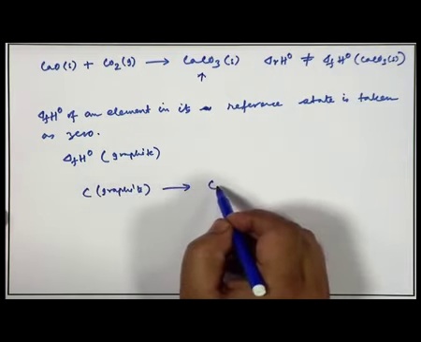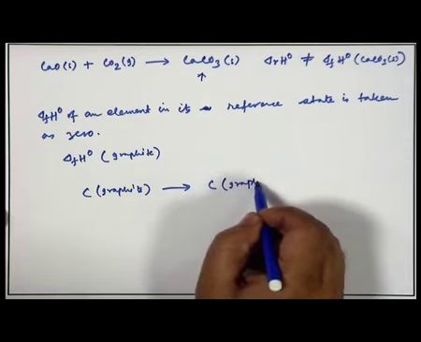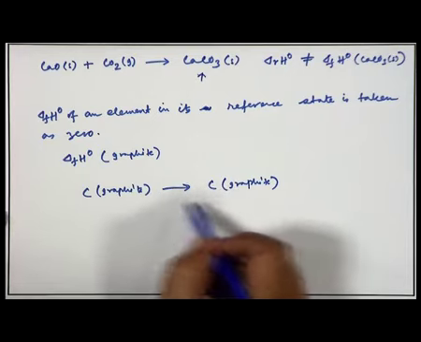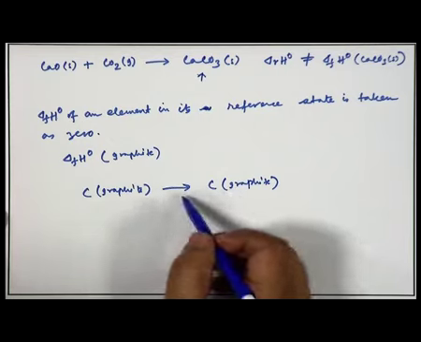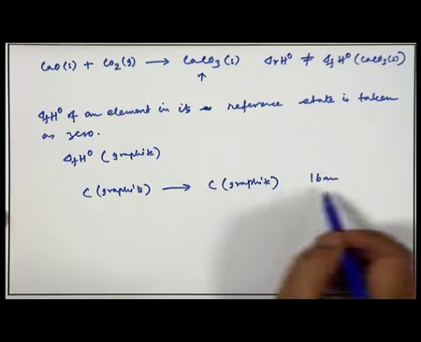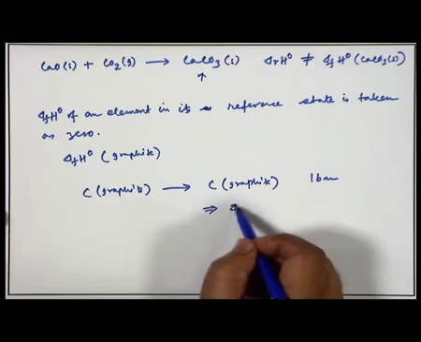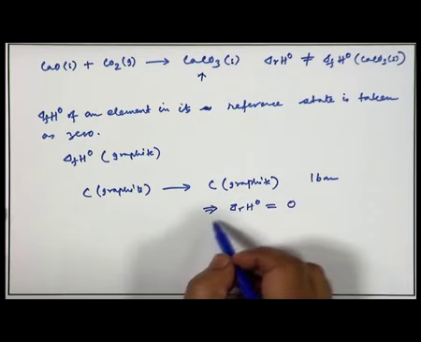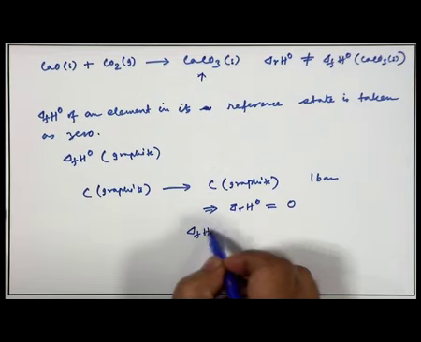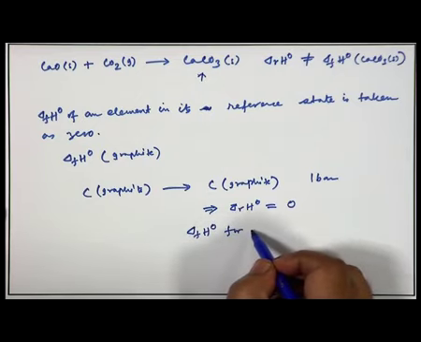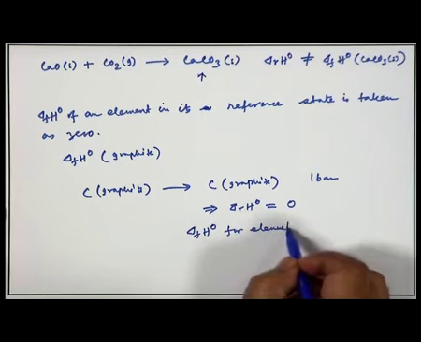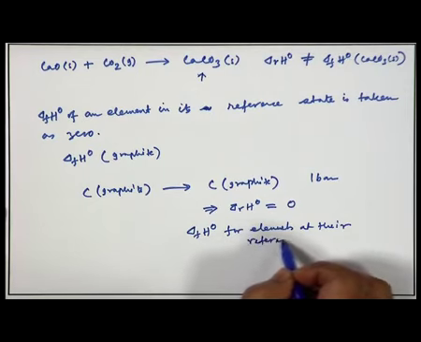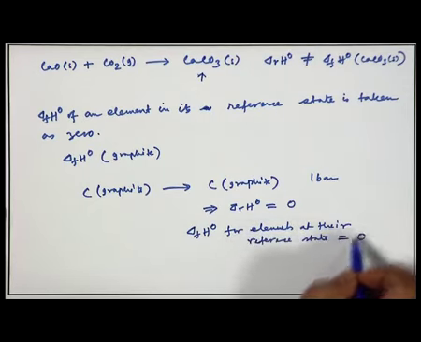So, the delta H formation for graphite would be the heat of reaction for this particular reaction at 1 bar and this particular temperature, but delta H for this reaction is always 0, which means that we can always consider that delta H formation for any element at its reference state is always 0.